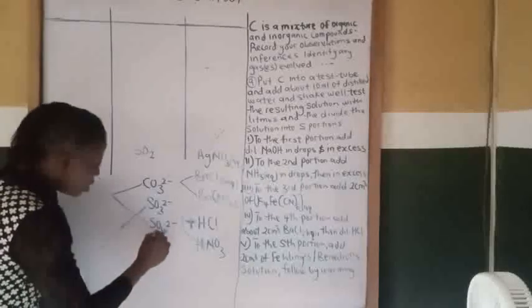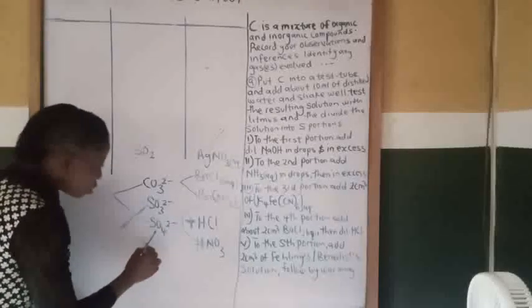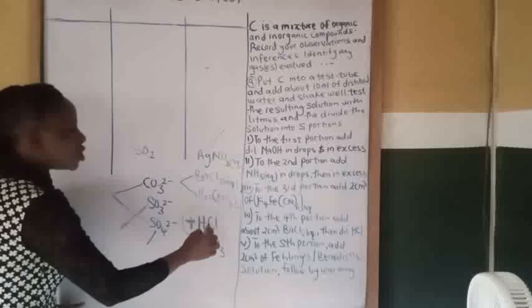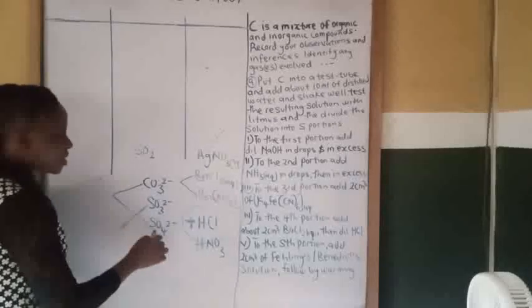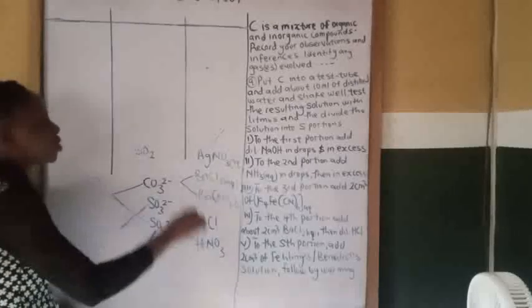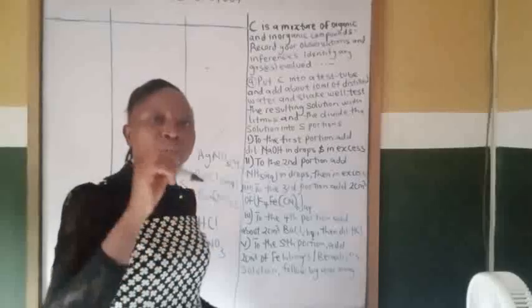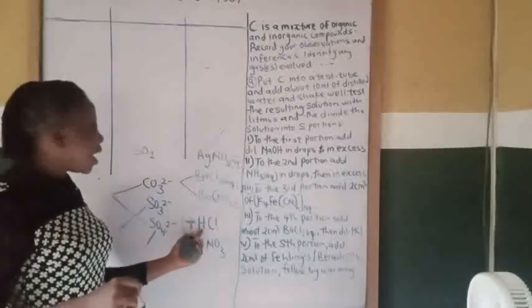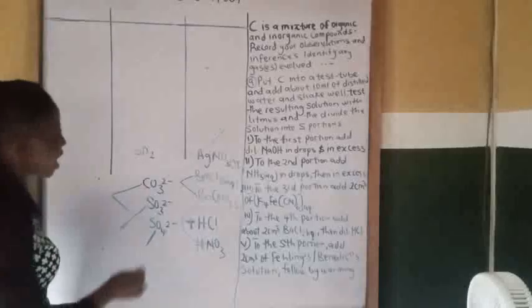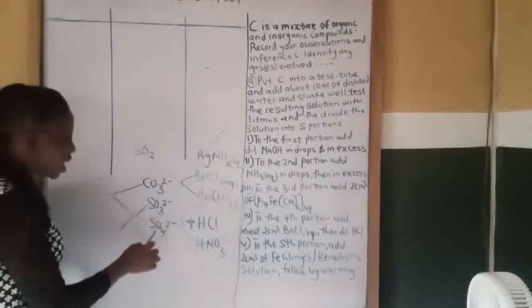Now, if it is SO4, on addition of hydrochloric acid, the white precipitate will remain insoluble. Insoluble in hydrochloric acid. That is how to differentiate between SO3 and SO4.